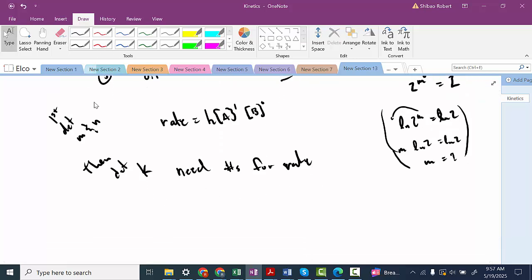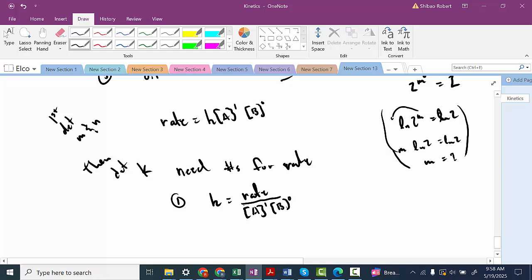And so we need the quantitative rates. Because when we go to experiment 1, like this, then K, just solving the rate law, is equal to the rate divided by the concentration of A. We said that this is the first order, and the concentration of B to the 0th order. B to the 0th order is just 1.